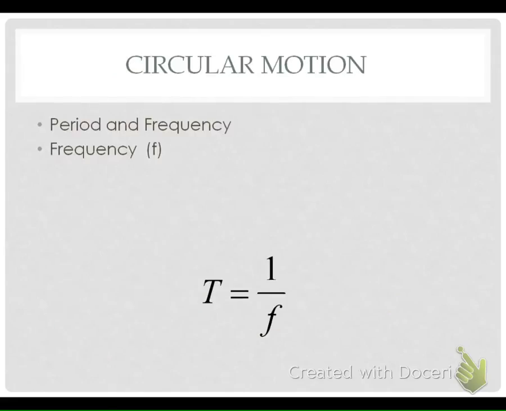All right. Frequency is described as revolutions per second. Okay. When we talk about circles, what does a revolution mean? One. Yeah, good. One time around the circle. Okay. So frequency is how many revolutions something will make in 1 second. Okay, you guys have heard the term RPMs before?